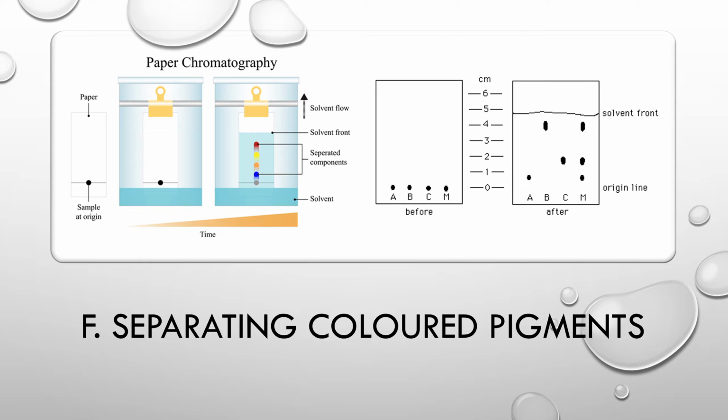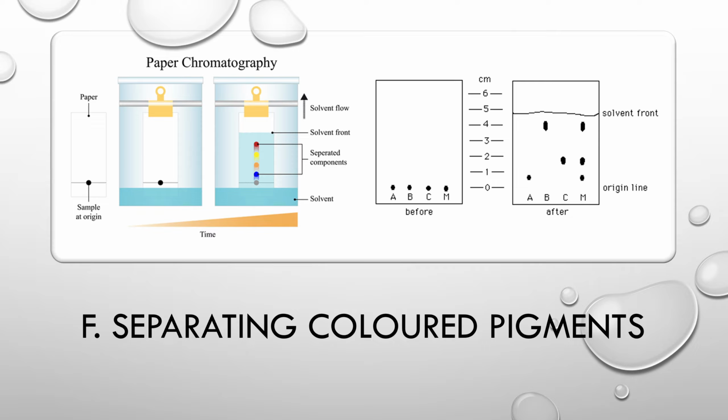After that, I take the chromatography paper and put it in a solvent, but I have to take care that the line that I drew must be above the level of the solvent. After that, the solvent will rise, and as it rises, it will dissolve my sample and separate it as it goes up.